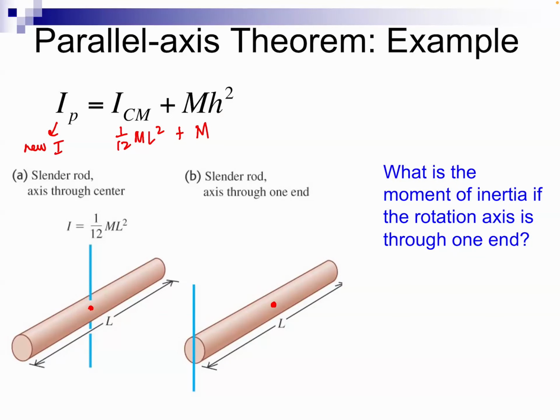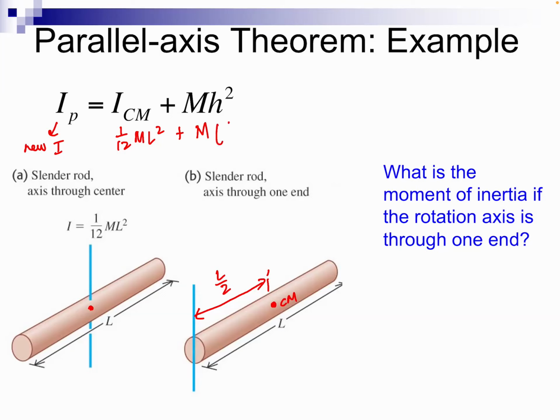So this was the original center of mass axis. The distance between the center of mass and the new axis is L/2, right? Because the center of mass is at the geometric center, and now we want to move the axis of rotation to one end of the rod.